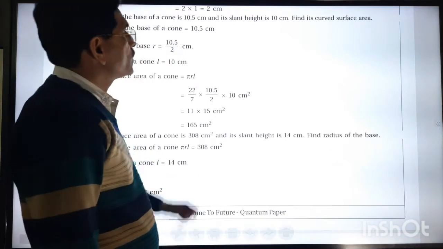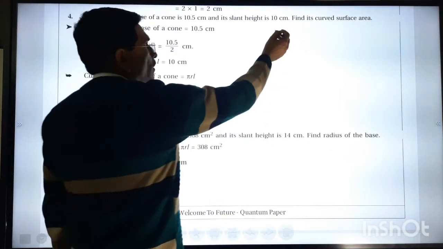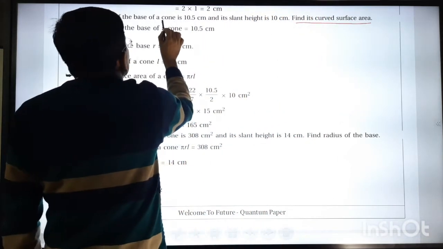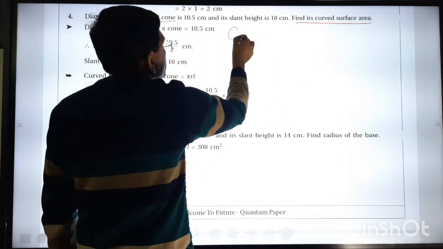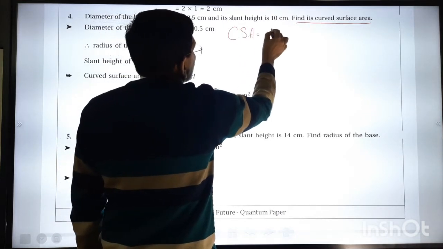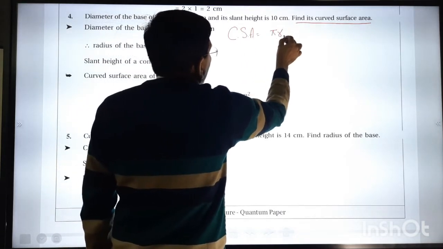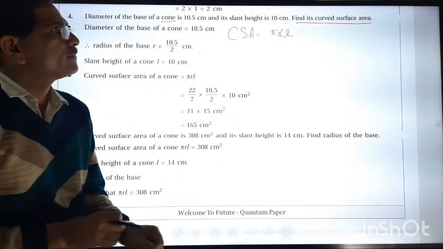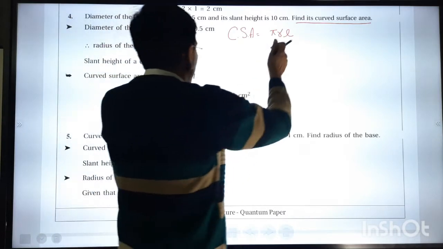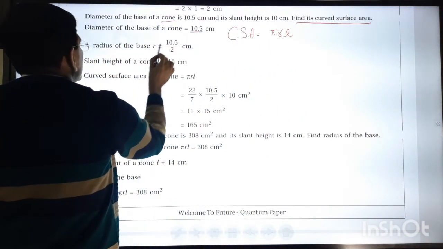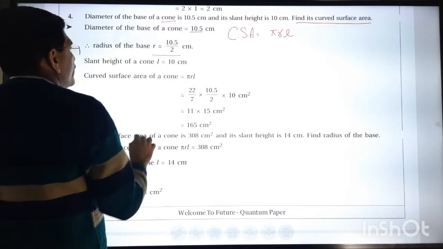Let me see now. The question is to find the curved surface area of the cone. So the CSA of cone is equal to pi r L. It means I have to put the value of L. If you see, the diameter is given, so the radius is 10.5 by 2.